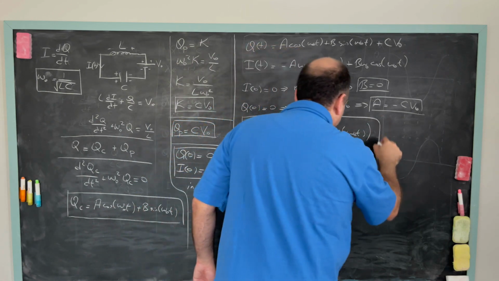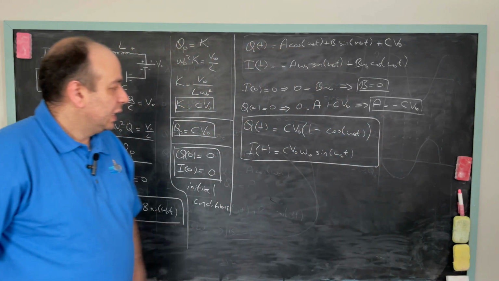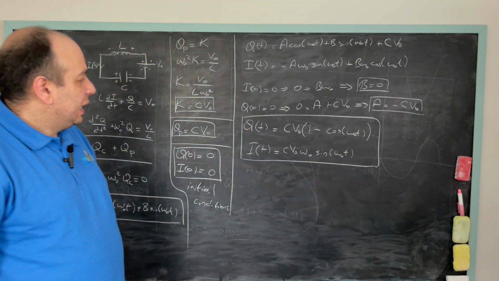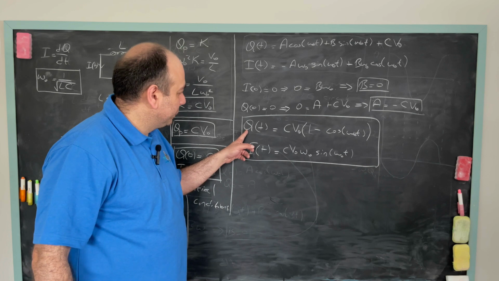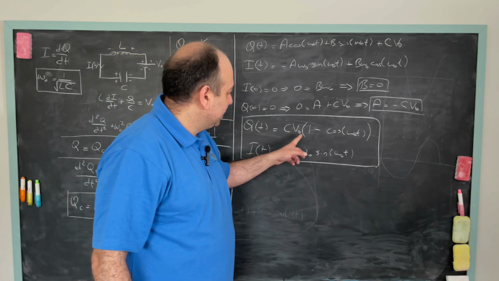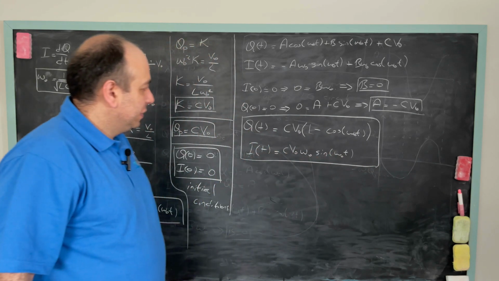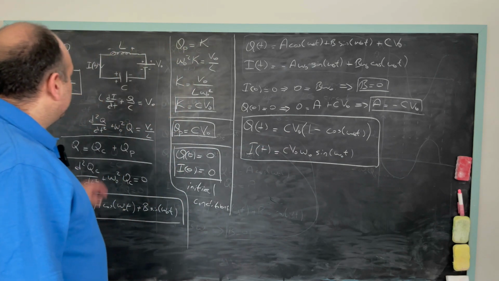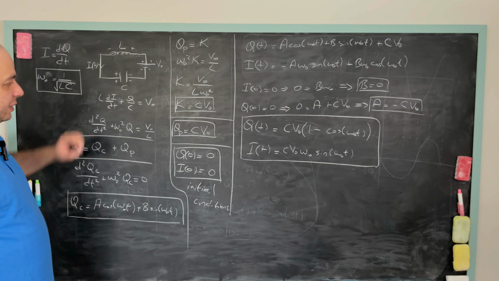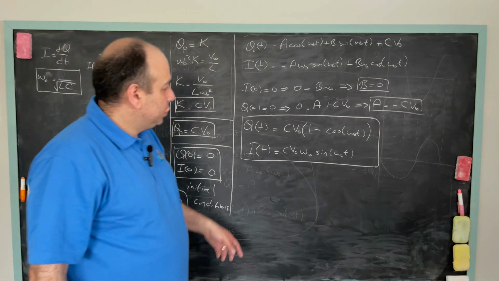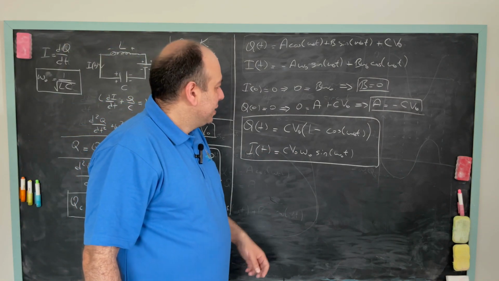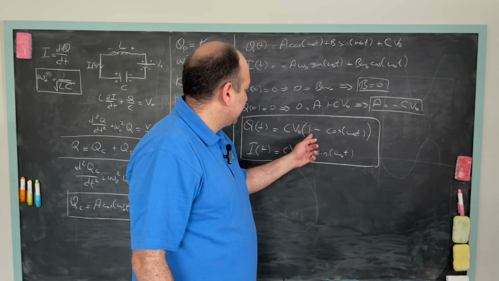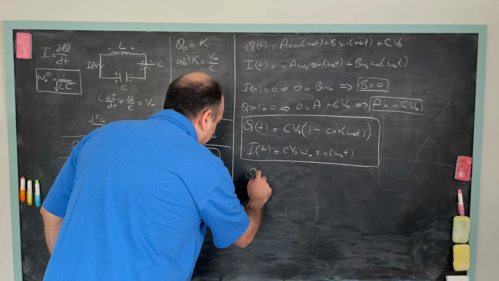As you see, we again have oscillation. Q and I both oscillate. However, Q can actually reach values which are twice C V naught. So the potential drop across the capacitor can be 2 times V naught, right? Because cosine omega t can take a value of minus 1. So let's look at Q max.